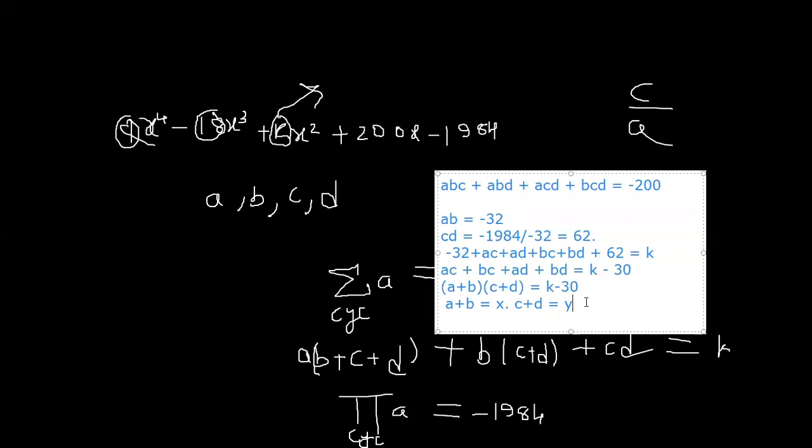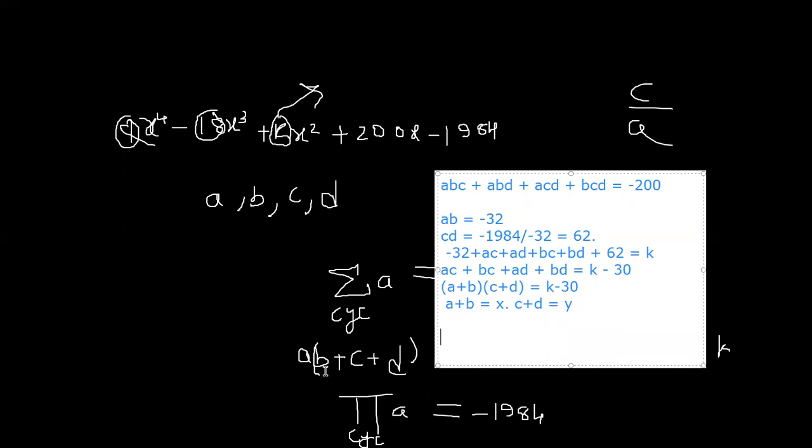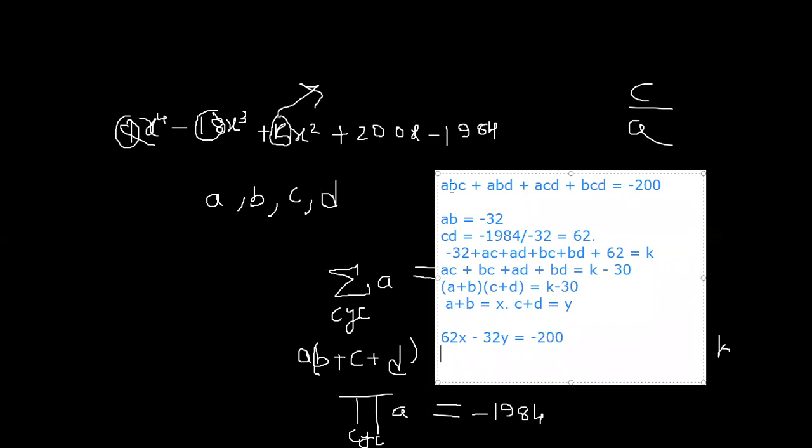So I took a plus b equal to x and c plus d equal to y, and putting this in the third equation, that is the product of roots taken 3 at a time, you will find 62x minus 32y is equal to minus 200. From this you can tell x plus y equal to 18.